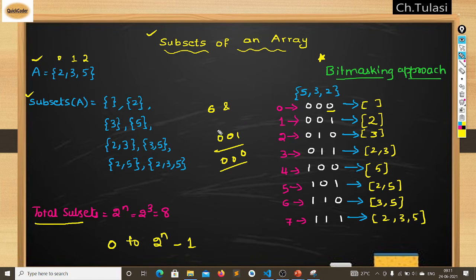Now I will do it with 2 power 1. 6 means 1, 1, 0, and 2 power 1 means 0, 1, 0. Now it will compare the second element, is there 1 or not. Here 0, 1, 0. As this value is 2, it is greater than 0. Okay, there is something present. Now I will include the array of 1 element, that is 3.